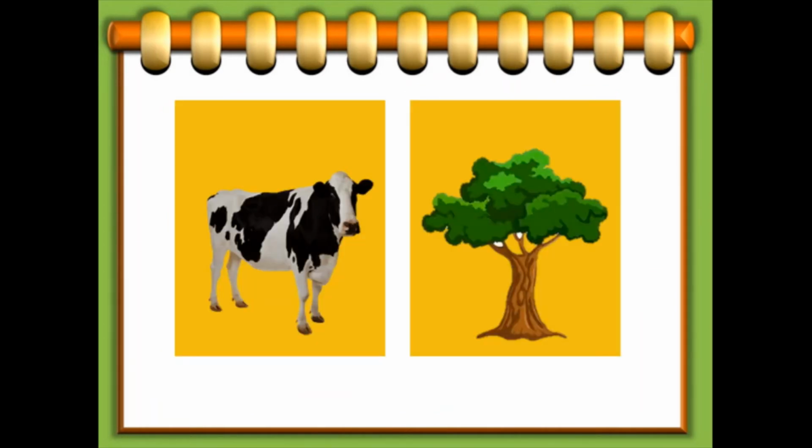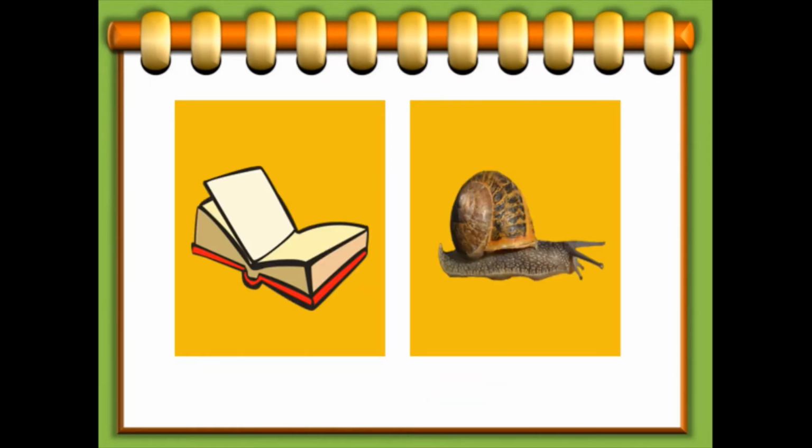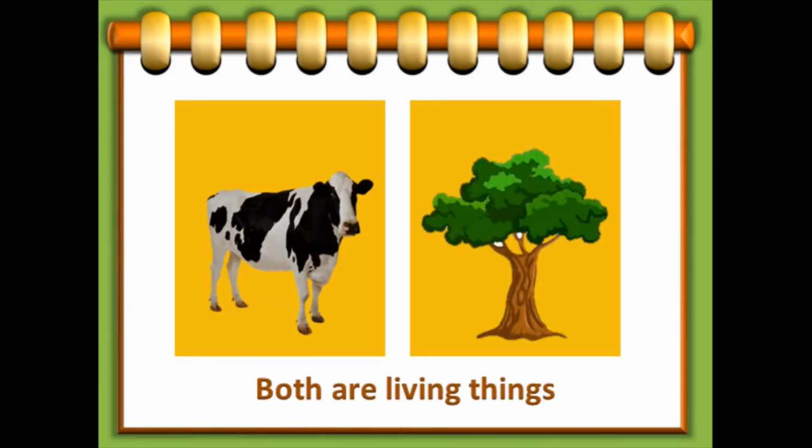Let's try to identify. Is a cow a living thing or a non-living thing? Living, very good. So as the tree. So you say both are living things.